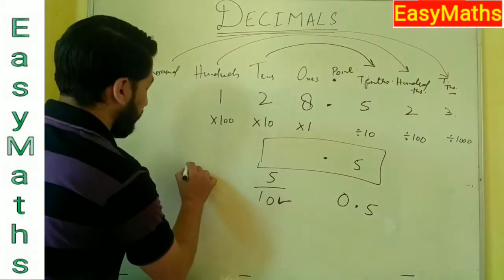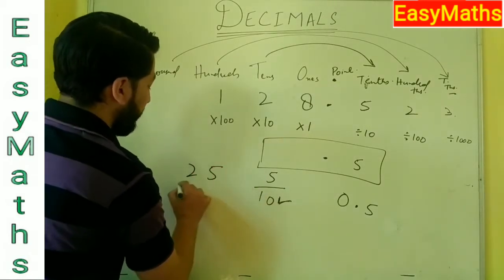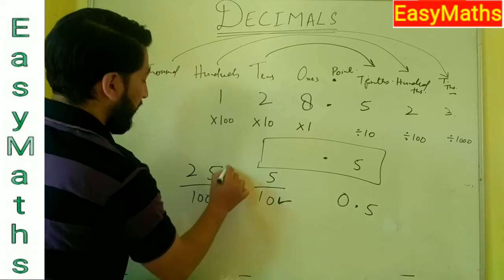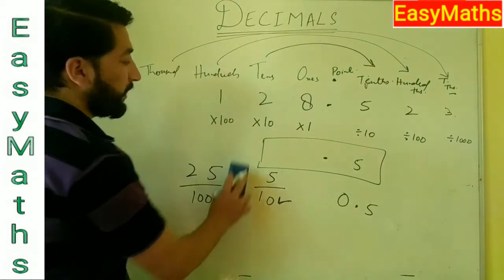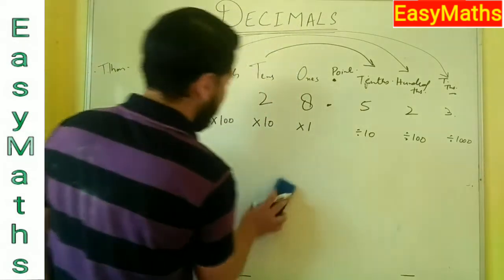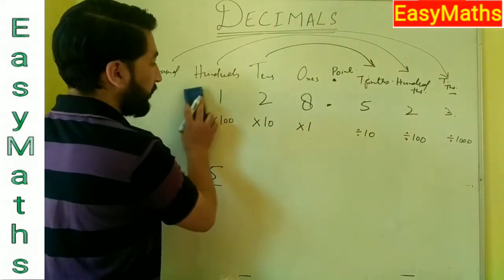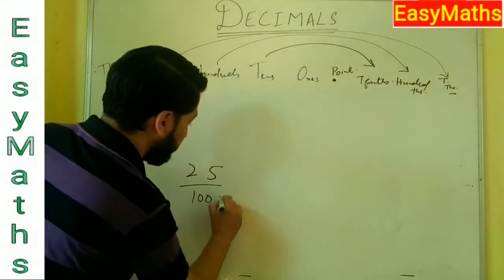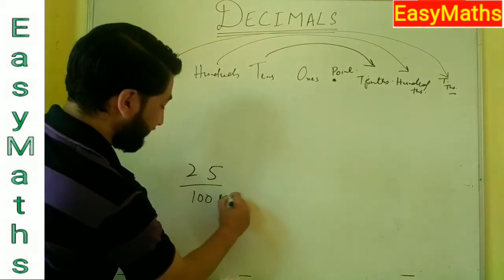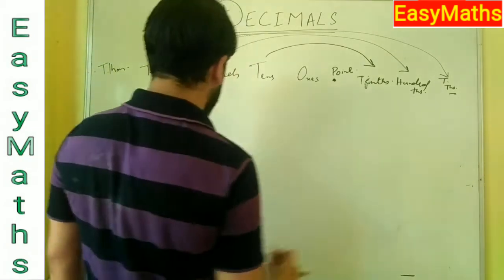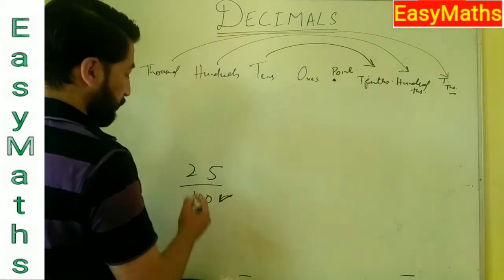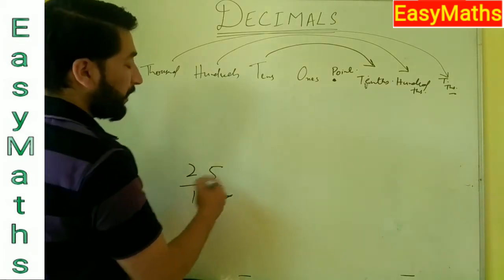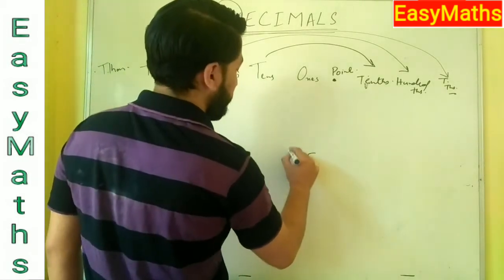Similarly, if we have a number like 25 by 100, how will we write this 25 in the place value chart? It's the same case. The denominator is 100, so we move to the hundredths place, or we divide 25 by 100.